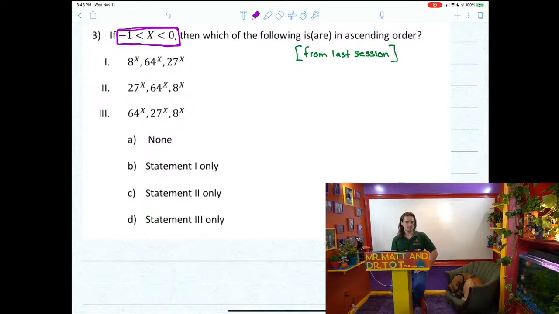You need to remember that when you raise a number to an odd power, the result is going to retain the negativity. Whenever you raise something to an even power, like 2, 4, 6, 8, that's going to eliminate the negativity. So negative 2 squared is positive 4 because the two negatives cancel each other out.